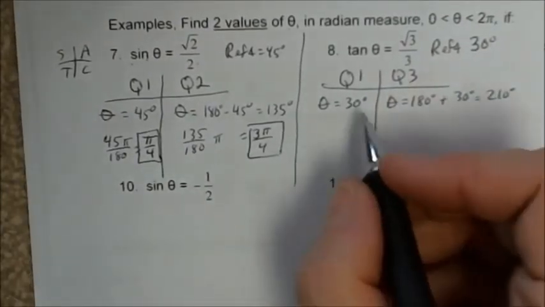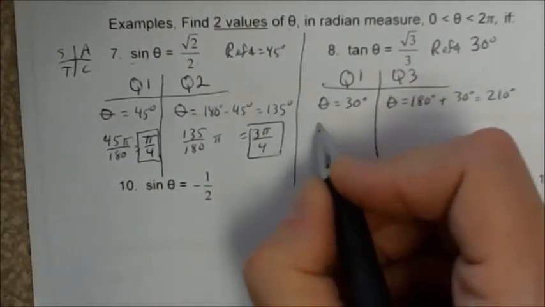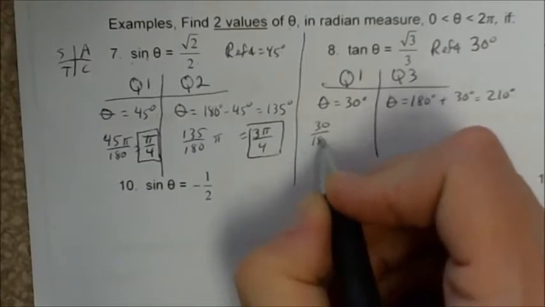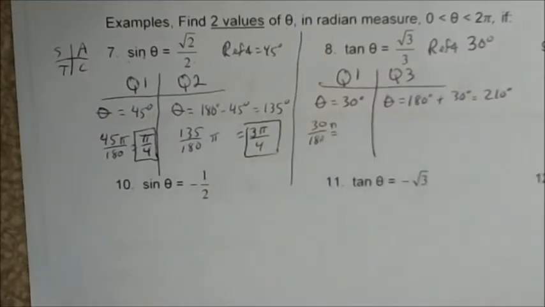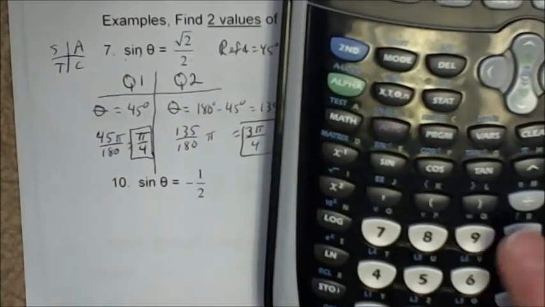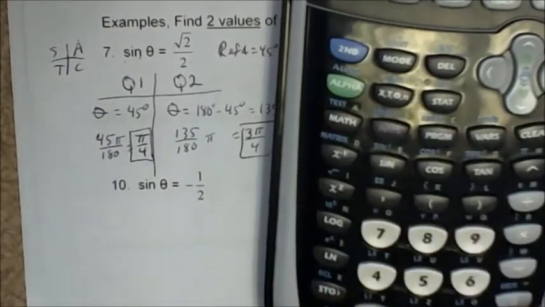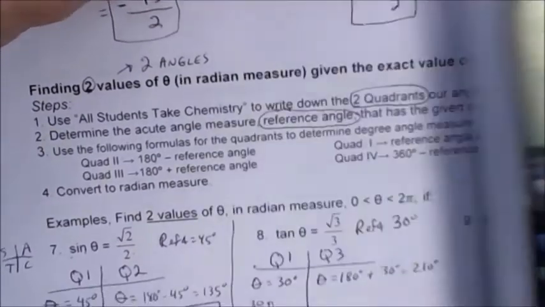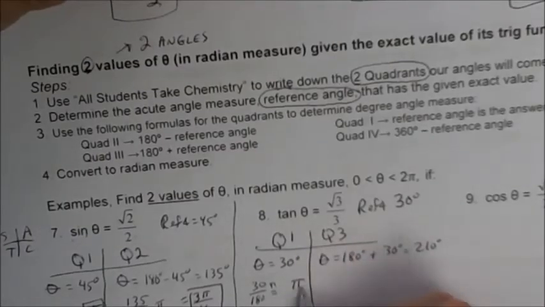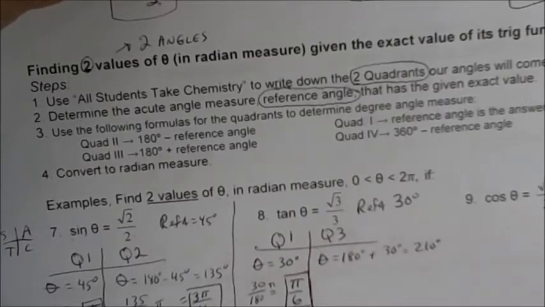And now what we're going to do is convert these to radians. So 30 over 180, math frac, with a pi on the top. 30 over 180, math frac, gives us 1/6. So our answer is pi over 6. That's our first angle.